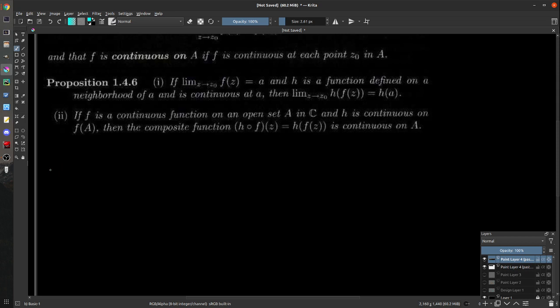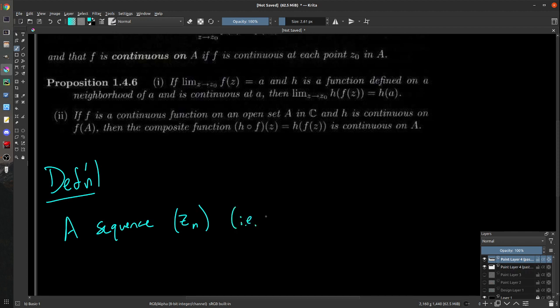So we'll say a sequence z_n, and I'll just write it in parentheses, z1, z2, z3, z4, on and on and on forever, converges to a point z naught.